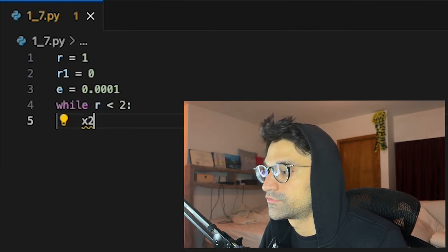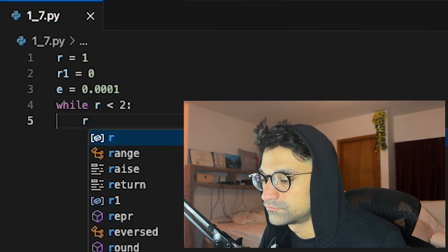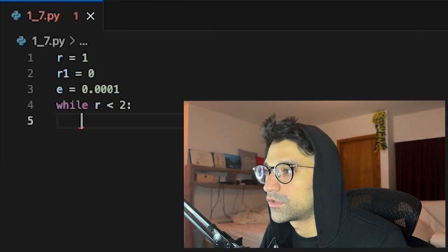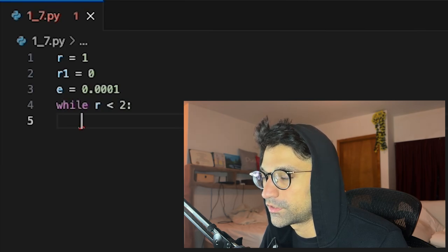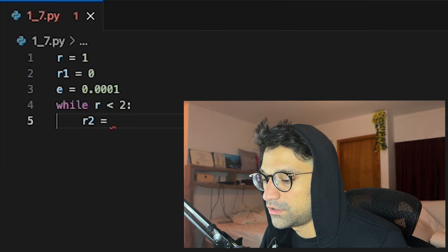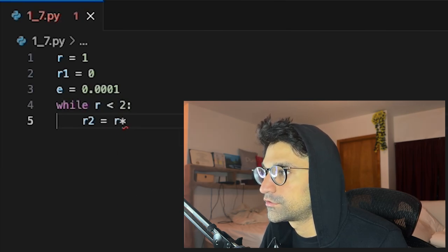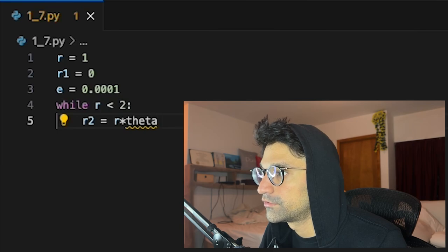We'll say the second derivative. So here's our differential equation now. Oh, okay, yeah, well, we can just divide by 2. Okay, R2 is going to be R, which we have, times theta 1, right? Theta 1.